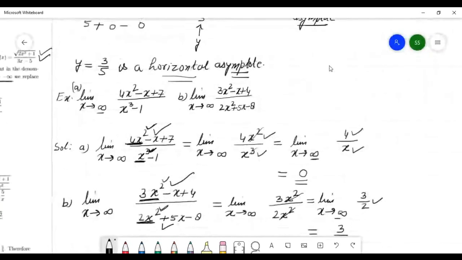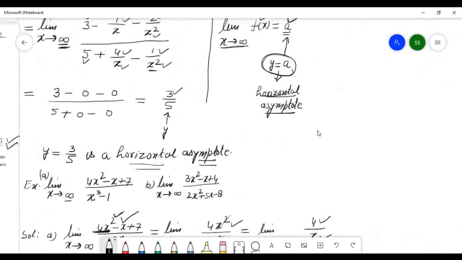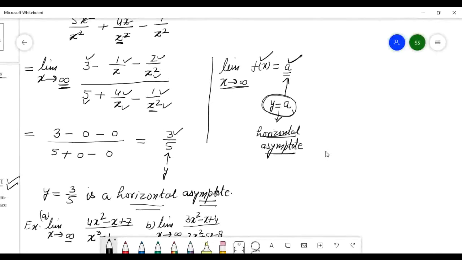Horizontal asymptote means you have to take this limit, where x goes to plus or minus infinity. If x goes to infinity and the answer is a number, then y equals that number. This is called a horizontal asymptote.